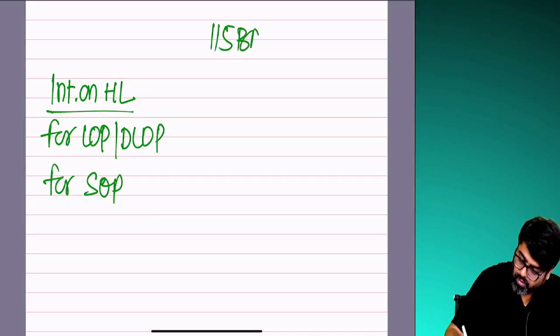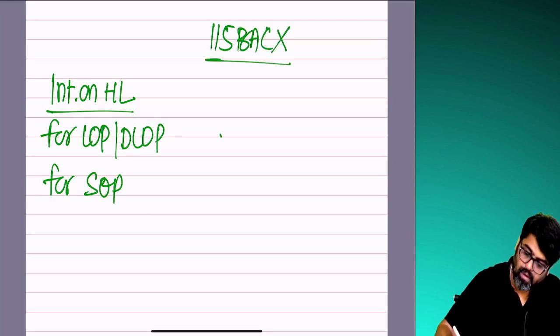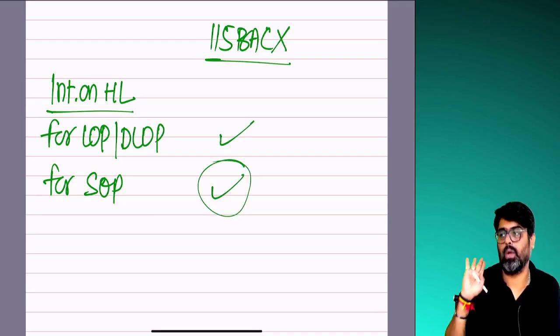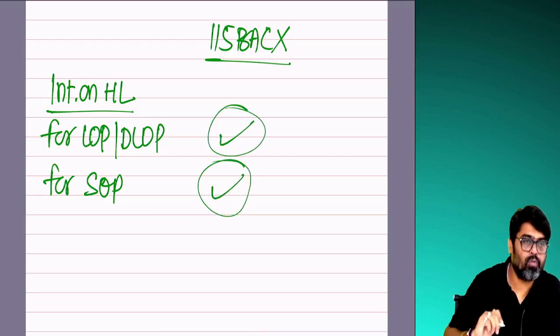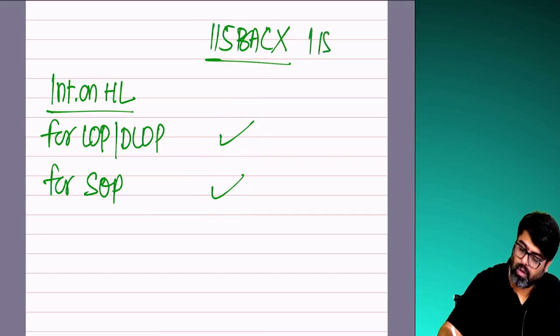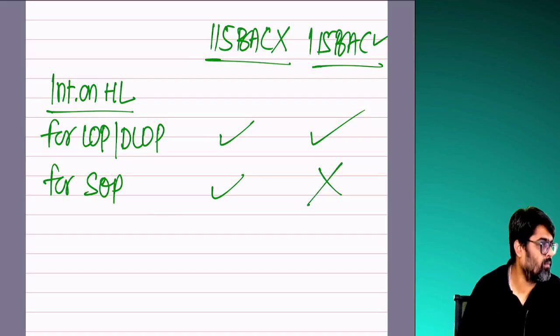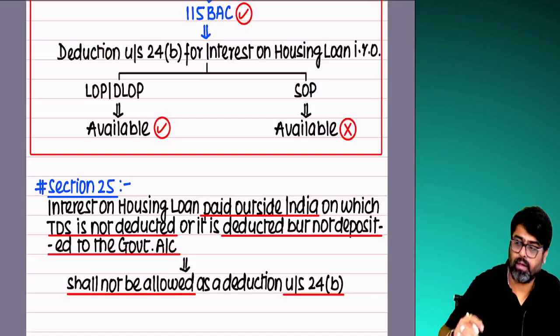If you don't follow 115BAC, it will be allowed subject to maximum 2 lakhs, and this will be allowed fully. Done, sir? But what if you follow 115BAC? You follow 115BAC, then this will be allowed, this will not be allowed. Done, sir? Should I move ahead?